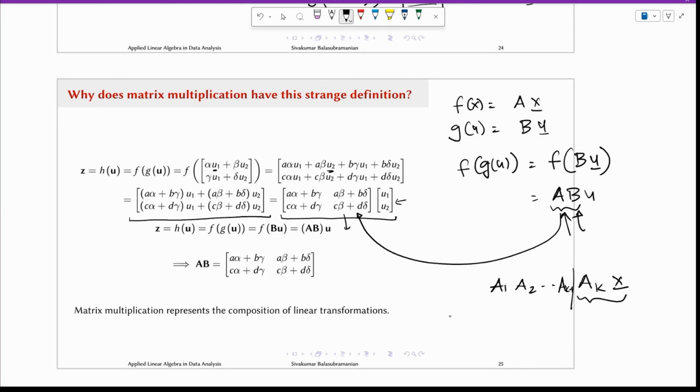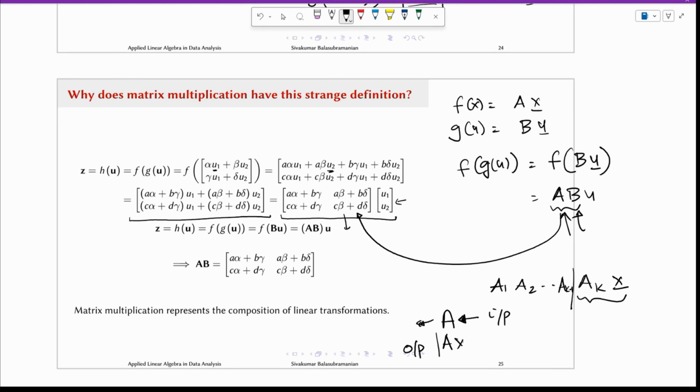That means whenever you have a matrix, we can think of whatever goes on the right-hand side of the matrix as the input, and what comes out on this side of the matrix is AX.